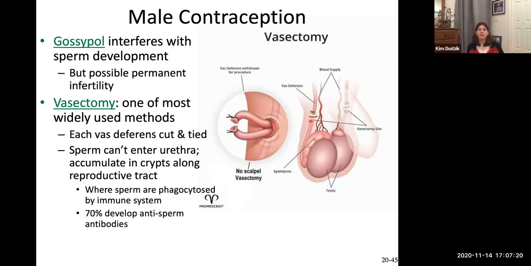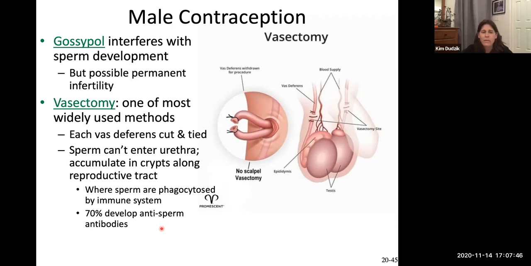Now, the ejaculate still contains semen, it just doesn't have the sperm, because all the other glands, the seminal glands, prostate gland, the bulbourethral glands, they're still functional. So semen is still produced, right? But the sperm end up staying inside of the epididymis, and then eventually they get phagocytized by the immune system. And then about 70% of men actually develop anti-sperm antibodies.